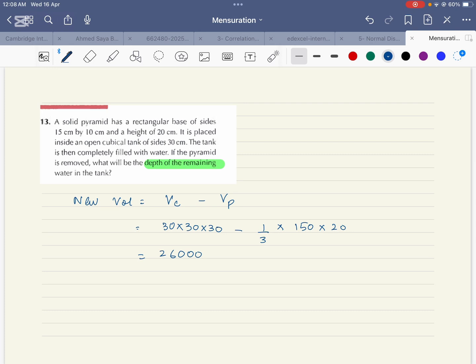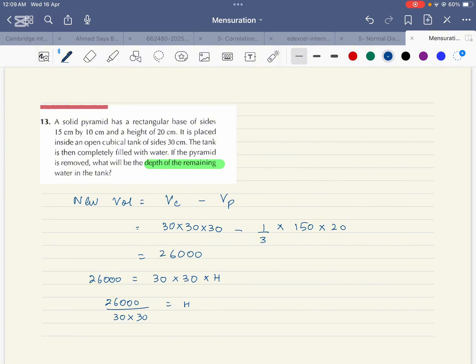So now we need the new depth. So new volume is equal to length into breadth stays the same, the height changes. So 26,000 divided by 30 multiplied by 30 is equal to 28.9.